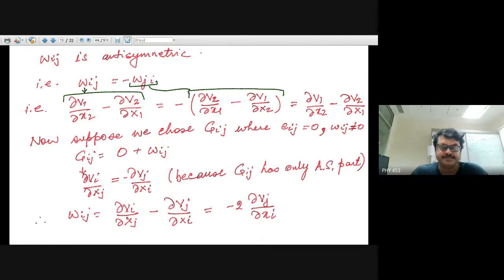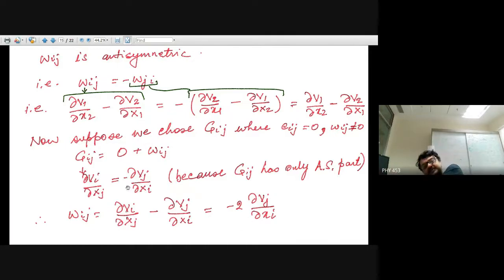Wij, or omega ij, will be del Vi del xj minus del Vj del xi. Now if you substitute from this, then you essentially get these two combined to form minus 2 del Vj del xi, or equivalently you will get 2 del Vi del xj.